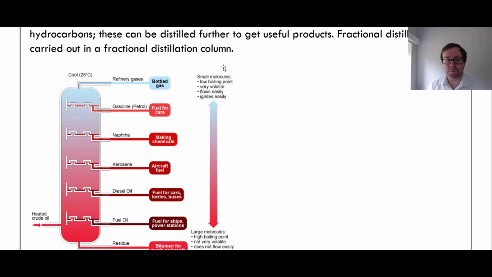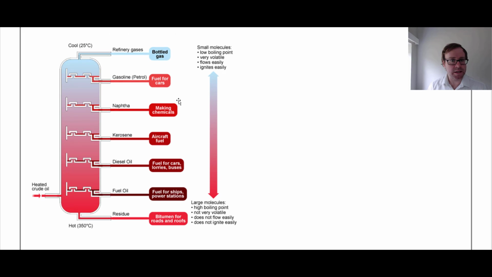Okay, so the main thing to take away from this is that large molecules at the bottom are going to have a higher boiling point. So if you see here, this is where the hottest part of the fractional distillation column is. This is cool up here. Therefore, the molecules with the higher boiling points, which is the longer hydrocarbons, are going to condense off first.